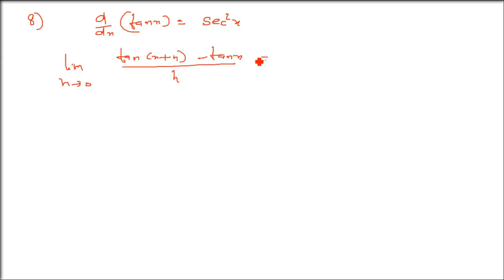Here tan a minus tan b we could use, or rather you can use sin and cos, it's easy. So tan(x plus h) can be written as sin(x plus h) by cos(x plus h), minus sin x by cos x. You can apply the tan formula also, but we don't see a need. That is why we change it into sin by cos.